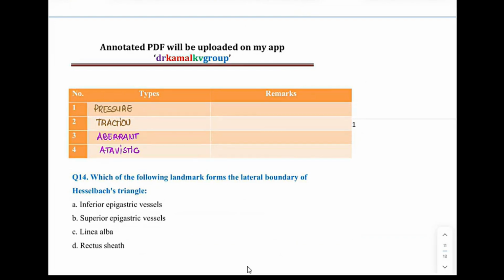Pressure epiphysis forms a joint and takes weight transmission, and classically you can think of the hip joint, right? Then traction epiphysis, where muscles are attached and exert a pull, like the greater trochanter.